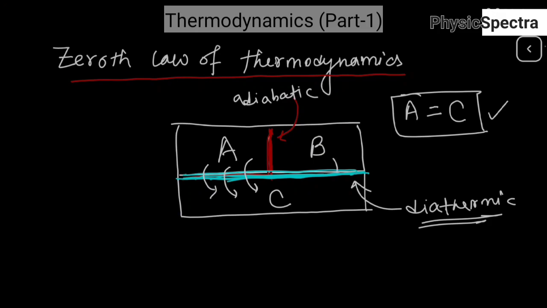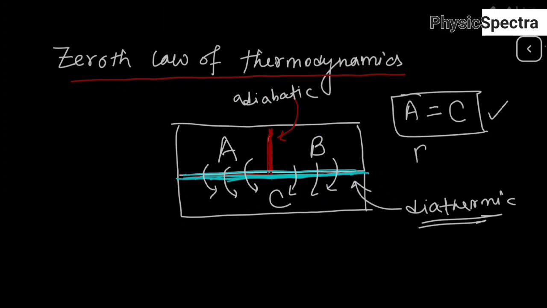Again, B and C will also be in thermal equilibrium because B and C also share diathermic wall between them. So we can say B and C are also in thermal equilibrium. Now A and B can't be directly in thermal equilibrium, isn't it? They can't be directly in thermal equilibrium because we are considering adiabatic wall, and adiabatic wall does not allow any transfer of heat as well as matter.